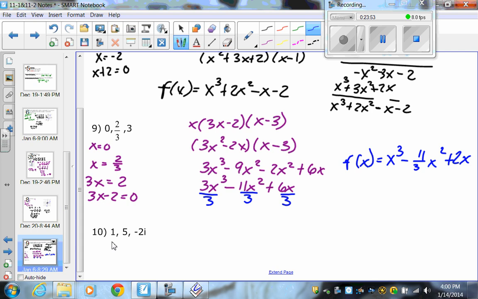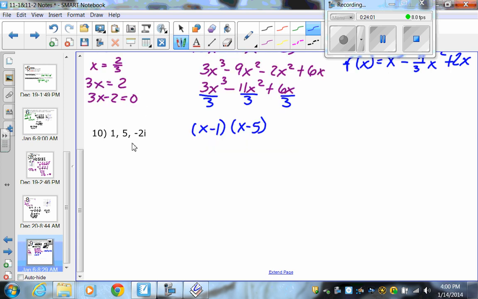Last example, we know that we have x minus 1 as a factor, x minus 5 as a factor. Now, remember what I said earlier about the complex conjugate theorem. If -2i is a zero, then 2i has to also be a zero. So you can kind of think of this as saying that x was equal to plus or minus 2i.